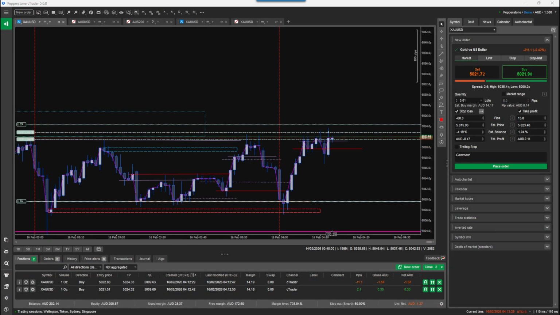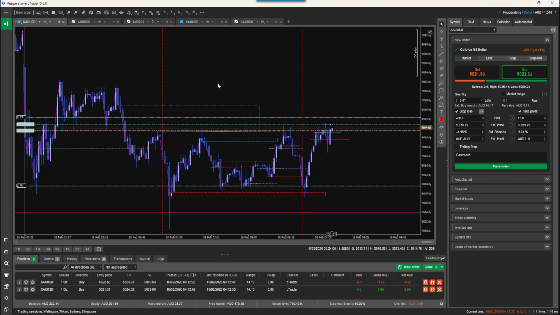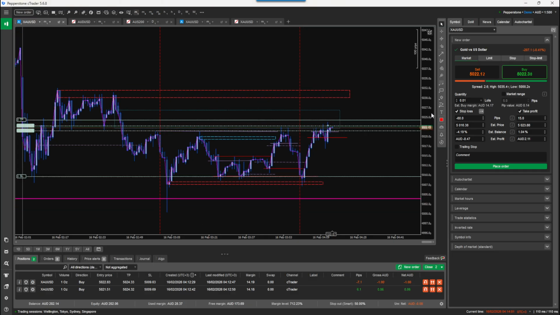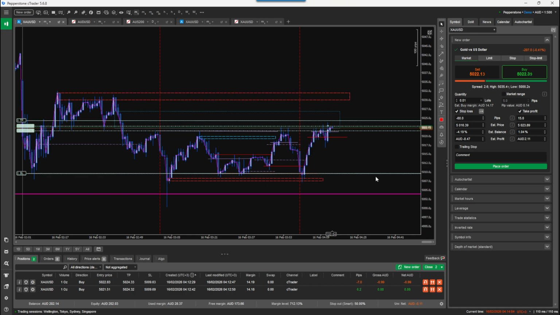Okay, so we've got another area of liquidity right across up here. Somewhere into there. You've got all that protecting it above it up there.